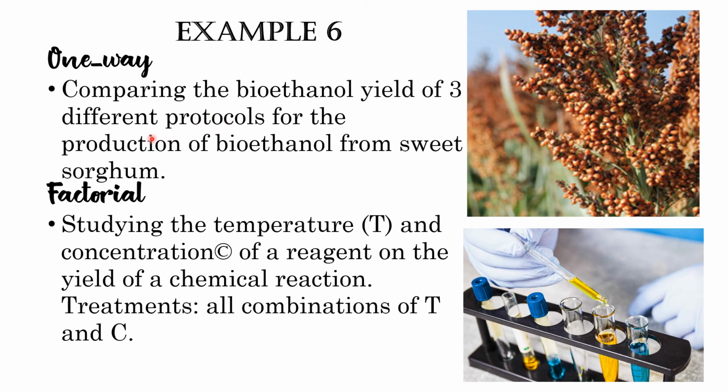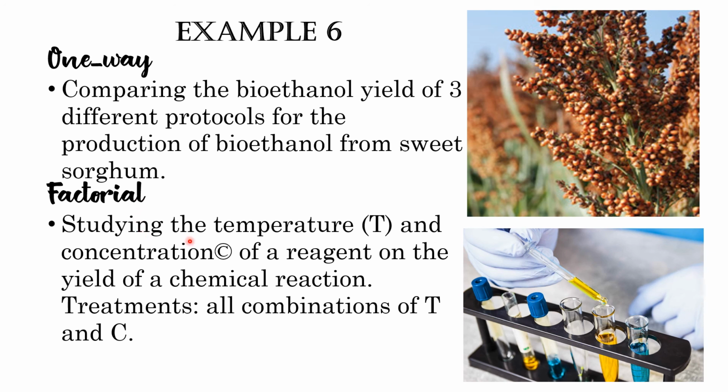So this is our treatment structure. It's only one: different protocols. And then our treatment levels is three. So that is one example of a one-way treatment structure. If I say factorial, and I ask you what is your treatment structure, you would answer either one way or factorial. And factorial could be 2 factorial, 3, 4, so many treatments.